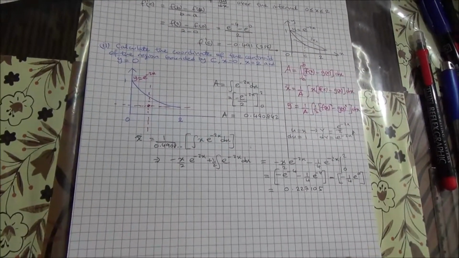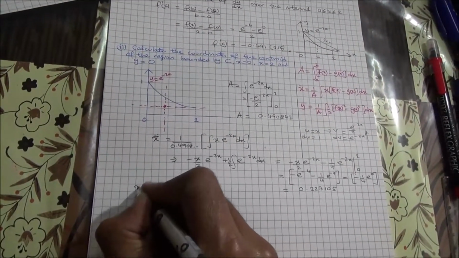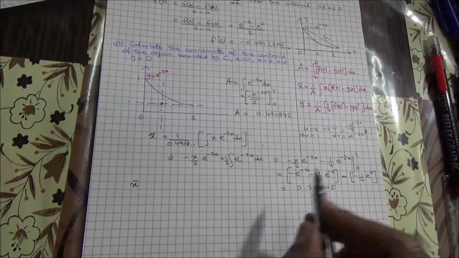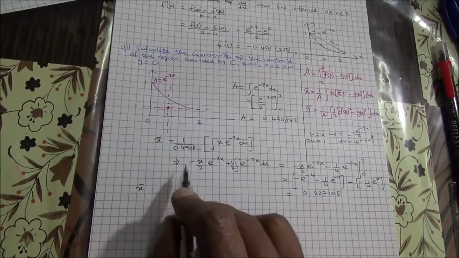0.22715. Therefore the x coordinate of the centroid is going to be this divided by the area.